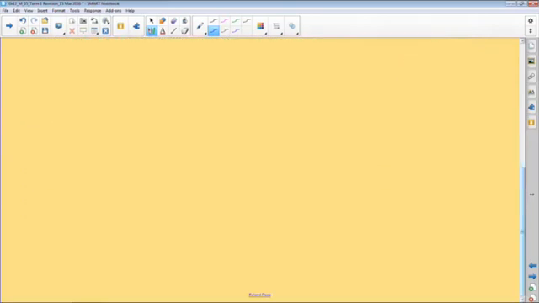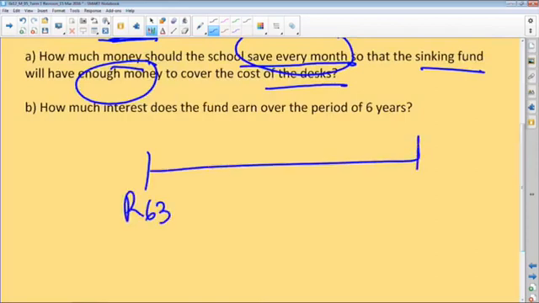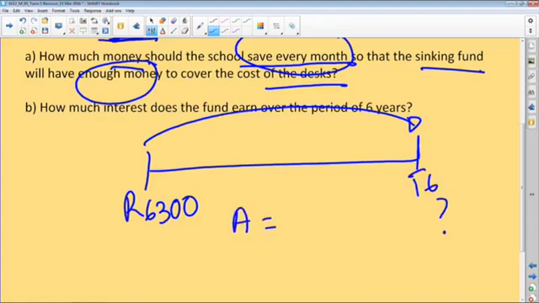All right. In the first case, you've got 6,300 Rand that's being deposited right now. It's going to grow over a period of 6 years to some amount. And using my compound interest formula, I will be able to determine what that amount is.